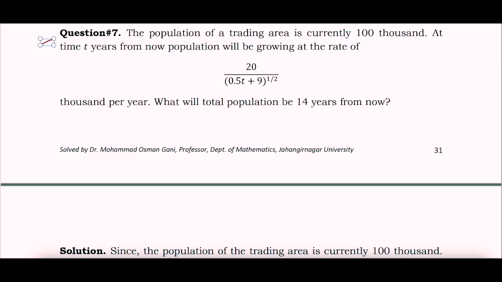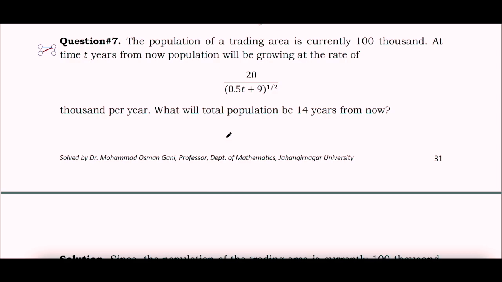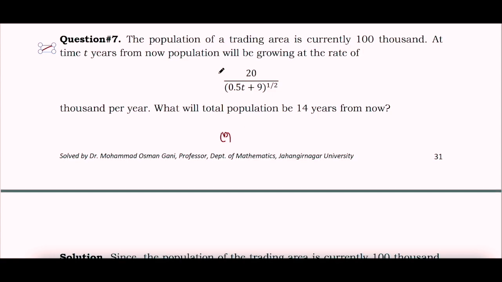Okay, in the last class I said that if I ask this problem like this: how long does it take for the total population to reach 300,000, then the question becomes like the previous problem, right? Yes, sir. So what will you write? Let it take x years for the total population to reach 300,000. Therefore, according to the question, you need to integrate this growth rate function from 0 to x. If you add 100,000 to this, then it will be 300,000.